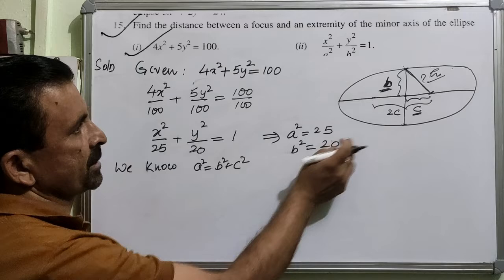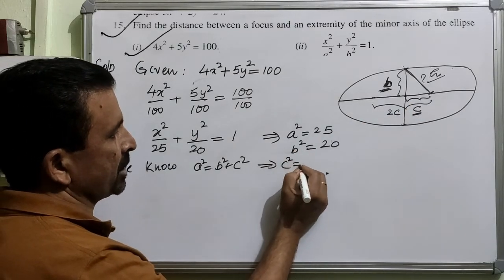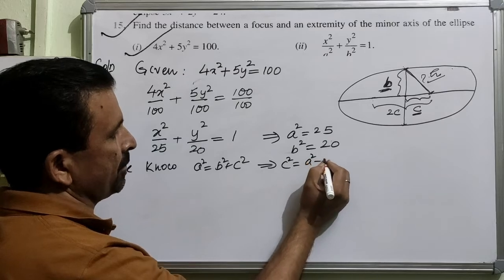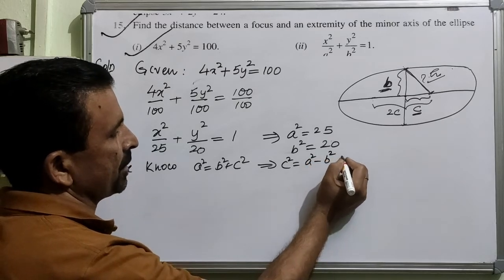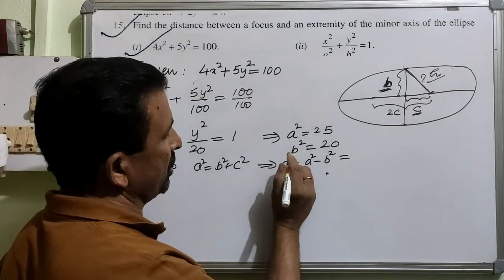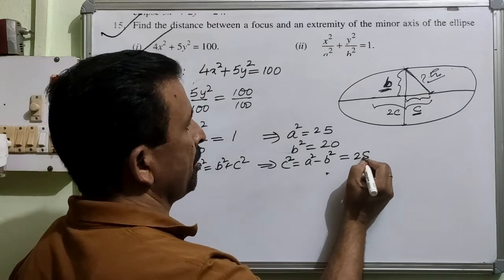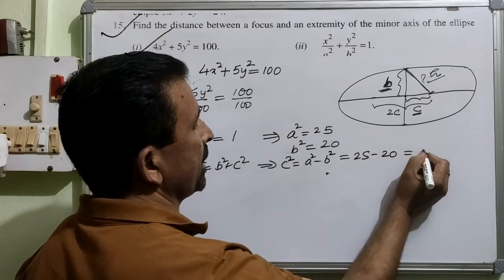So we are going to find the value of c using this formula. So our c square will become equal to a square minus b square, right? Let it be in square form only. a square will become 25 minus 20. This will be equal to 5.